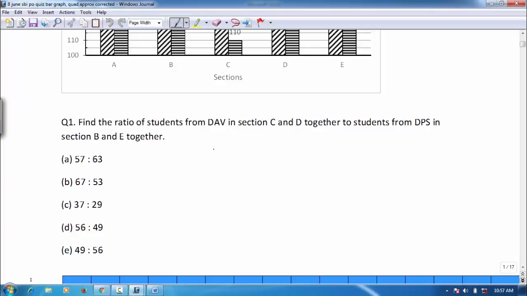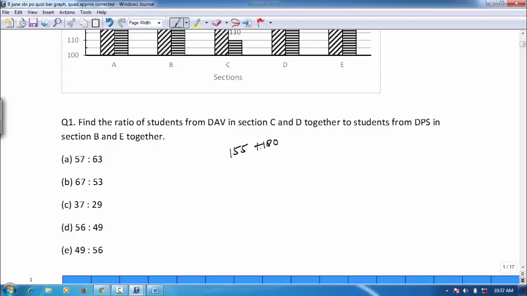So students from DAV section C are 155 in number, and students from DAV from section D are 180 in number.